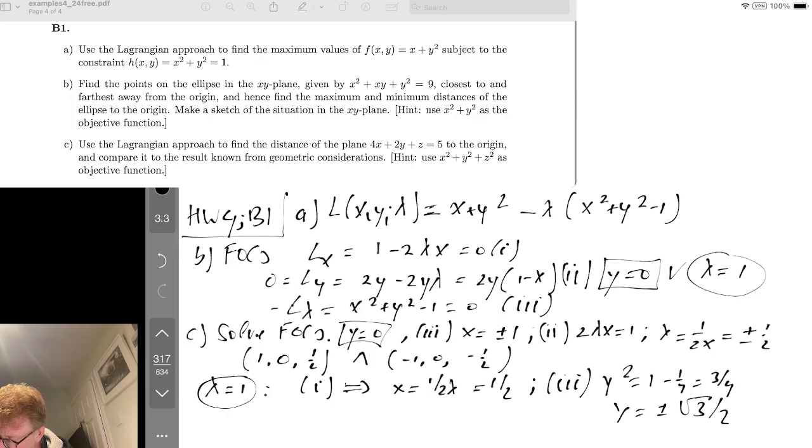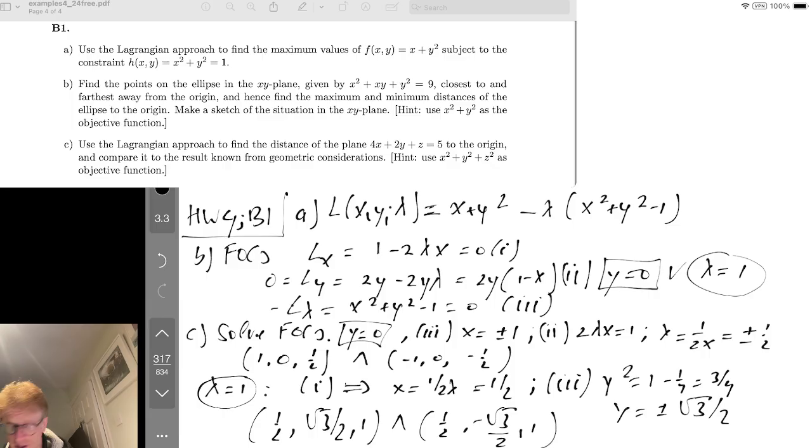So the stationary points are (half, square root of 3 over 2, 1) and (half, minus square root of 3 over 2, 1).